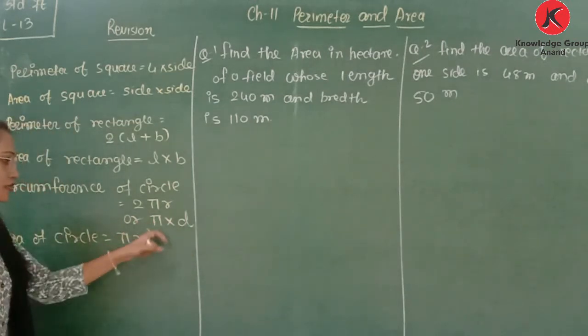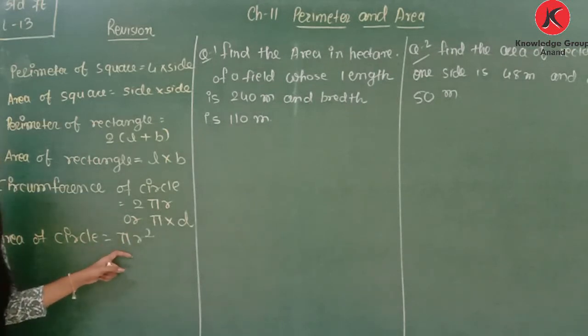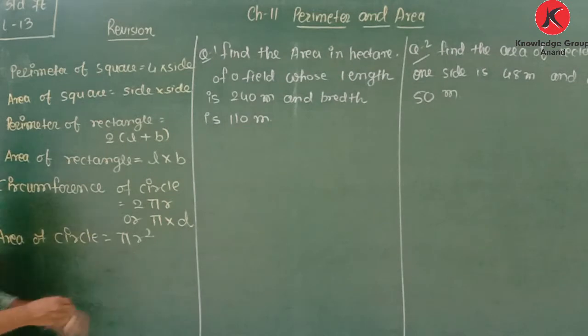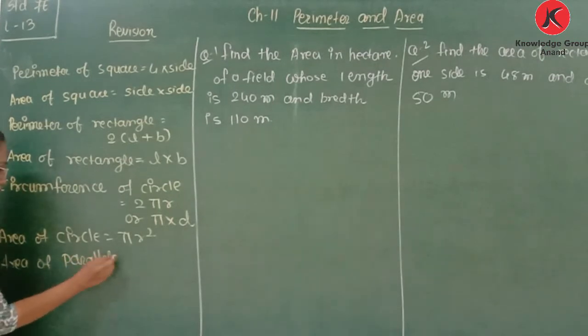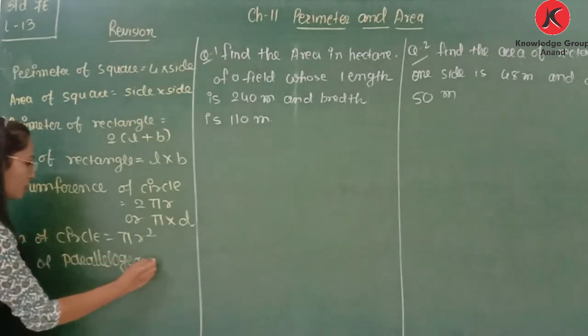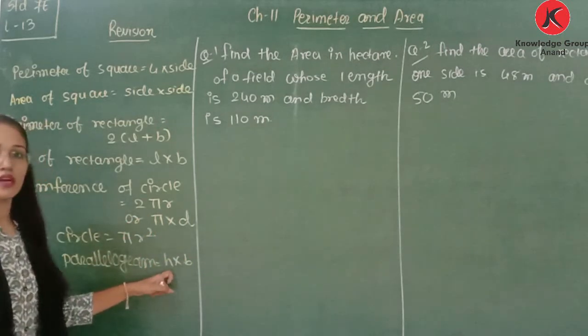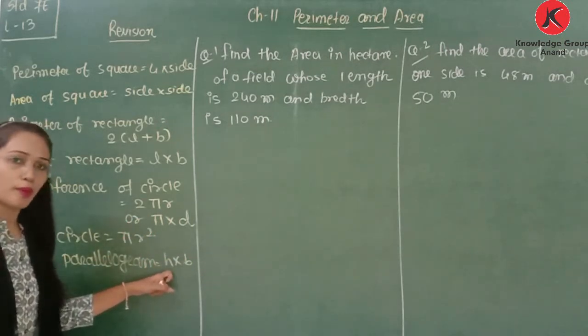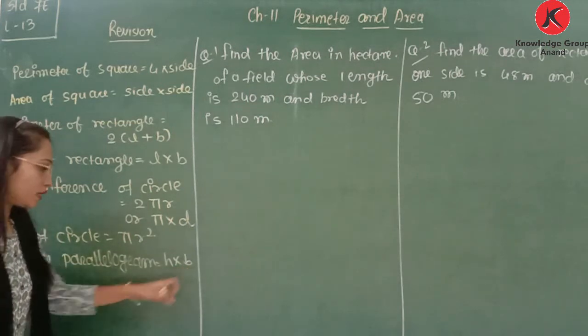Area of a circle, that we derive from the equation of the area of a rectangle, or you can say the area of a parallelogram. So what is the area of a parallelogram? That is height multiplied by base. What is height? That is the length that makes a perpendicular distance to the opposite side, and that opposite side will be the base b.